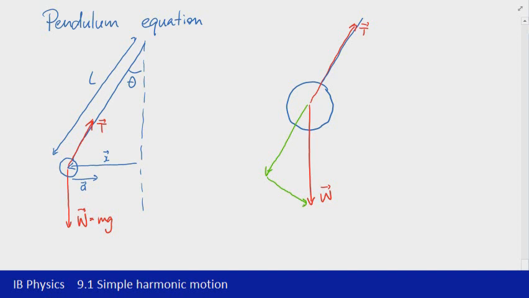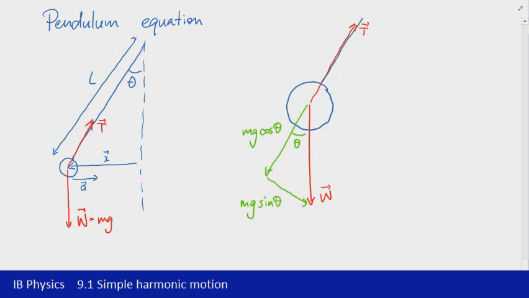Now, we should be able to identify here, considering the weight force is vertical and the equilibrium position is vertical, and both the tension and this component of weight are along the same line, this angle in here is still going to be theta. So this component that's opposite to the tension will be given by mg cos theta, and the unbalanced component will be mg sin theta.